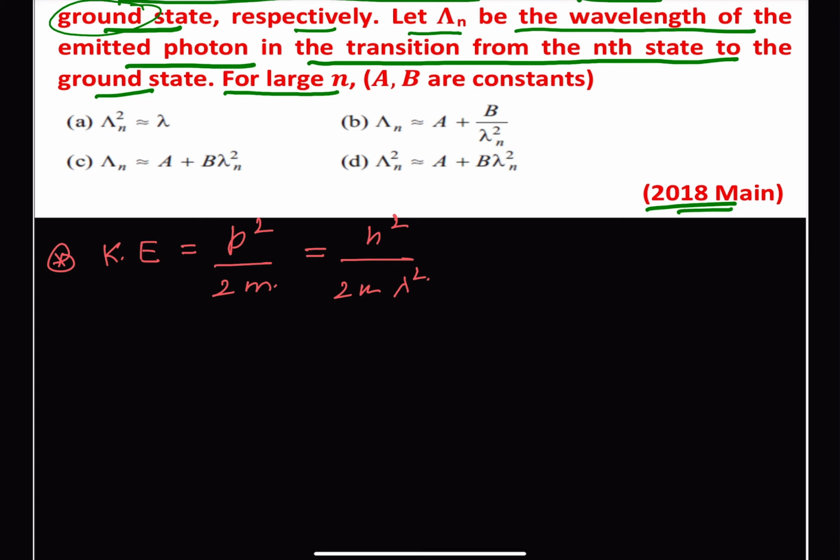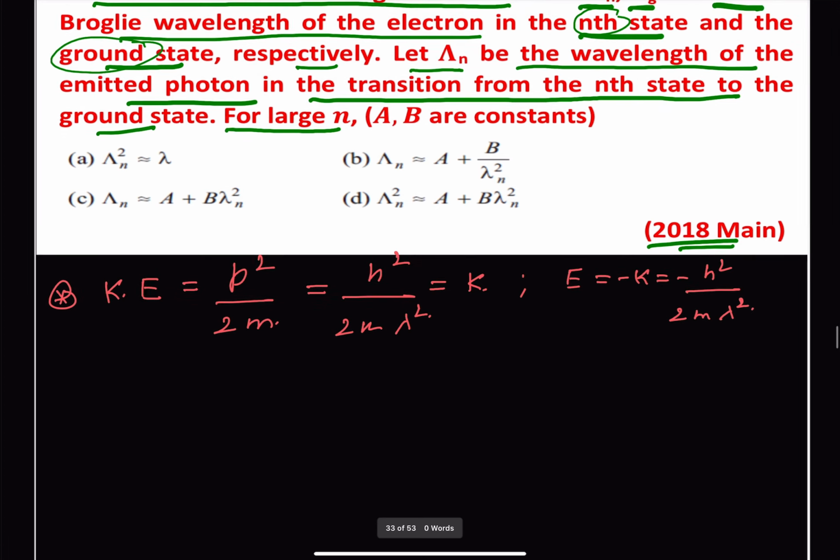And we can write this equation in terms of our kinetic energy. Let us suppose this is represented as K, and we know that our energy is equal to minus K. So this comes as minus h square upon 2m lambda square. We can write this equation in terms of our nth state as well as ground state.